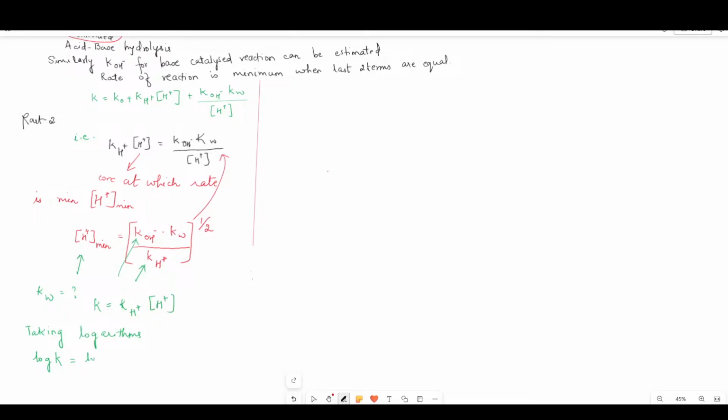That is, log of k_H+ plus log of H+ ion concentration. But we know that log of H+ is nothing but pH.